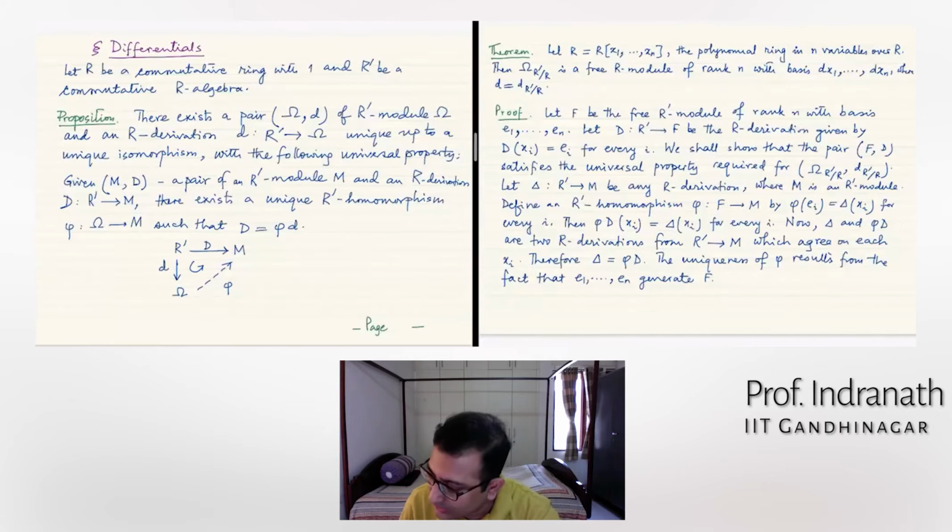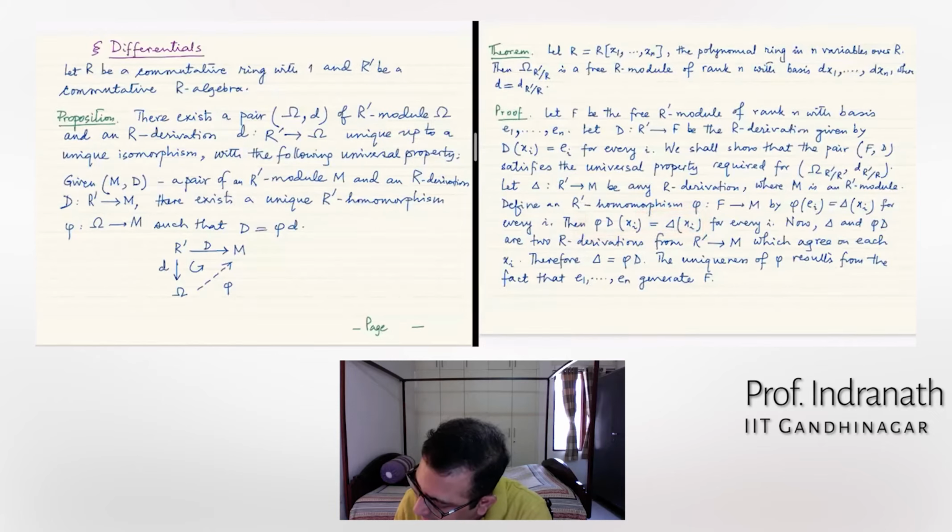Okay, so take any R derivation. Again and again, it's the use of the universal property. Take any R derivation delta from R dash to M, where M is an R dash module, and define an R dash homomorphism phi from F to M by phi of ei equal to delta xi, for every i. That's the most obvious thing to do. And therefore, you have this equality.